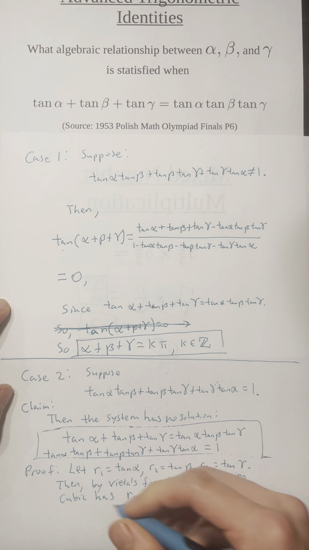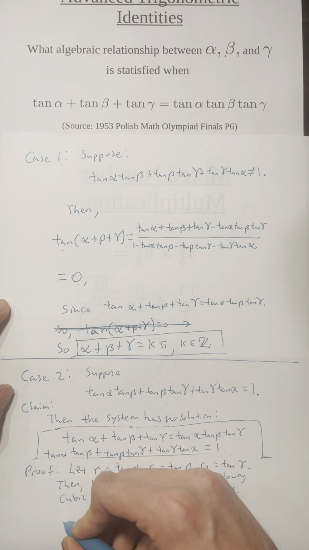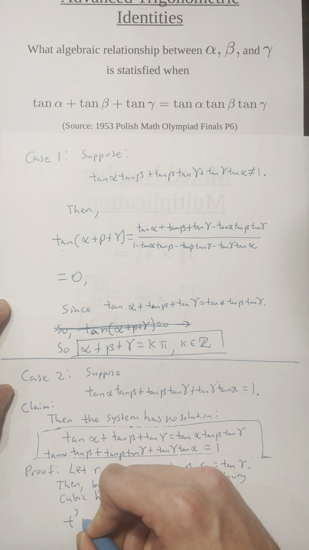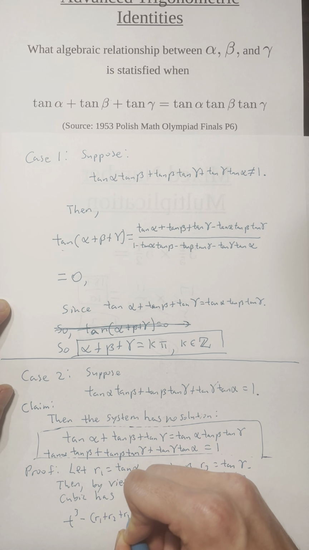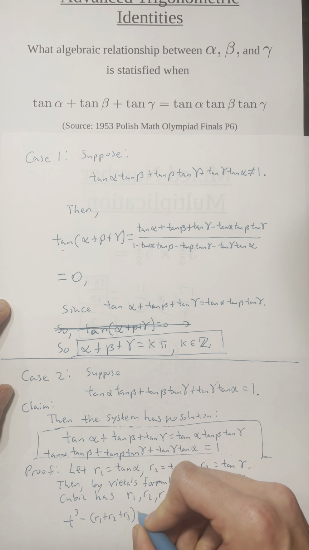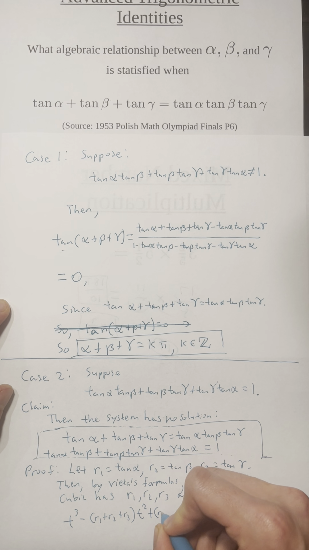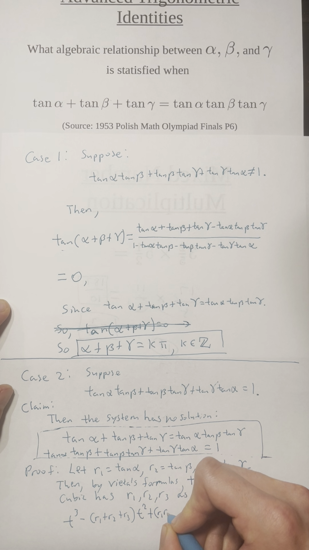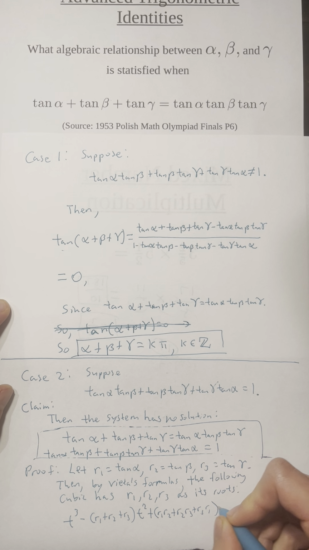Okay, so here it is. T cubed minus R1 plus R2 plus R3 times T squared plus R1 times R2 plus R2 R3 plus R3 R1 times T minus R1 R2 R3.